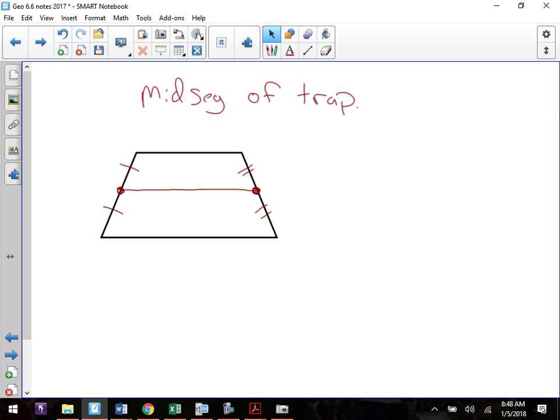It doesn't have to be an isosceles trapezoid for this to work. It still has one. It still connects midpoints. It connects the midpoints of the legs.